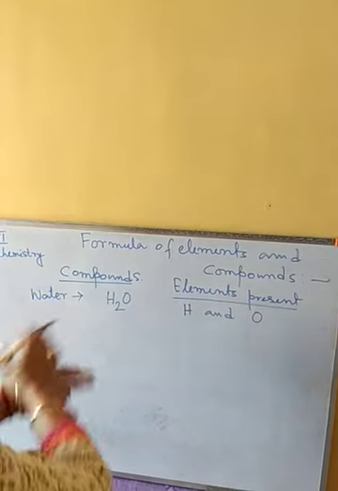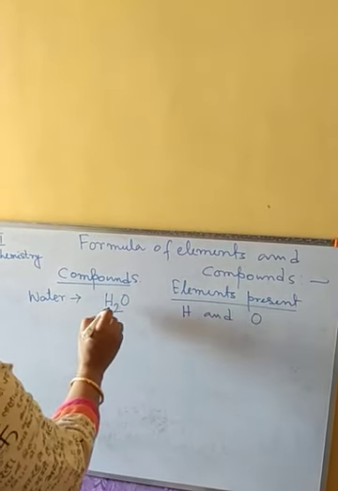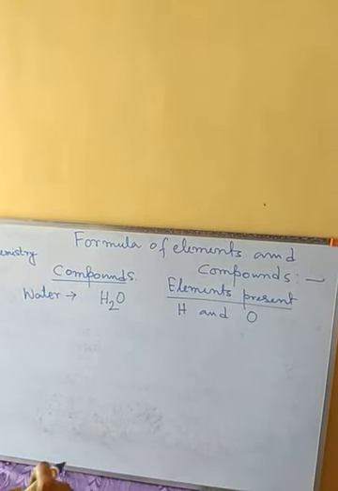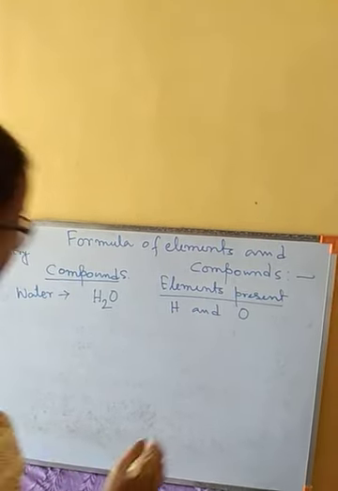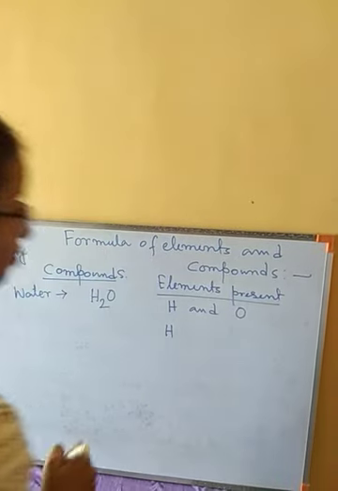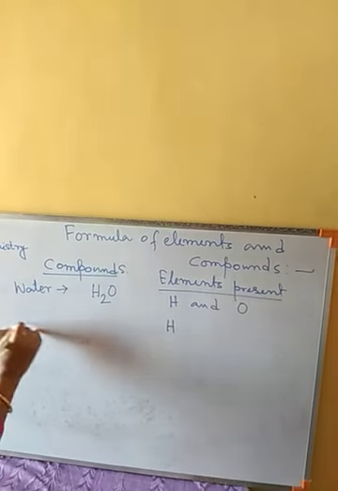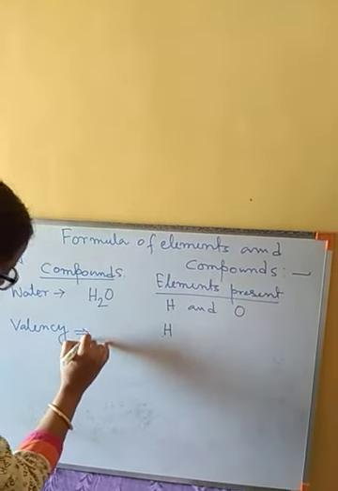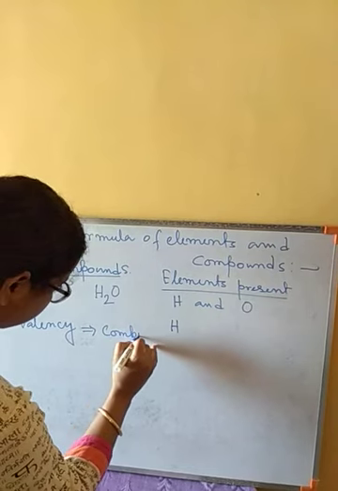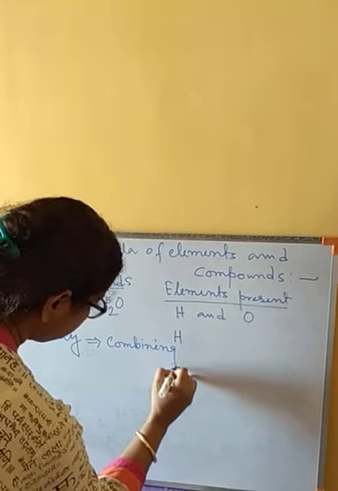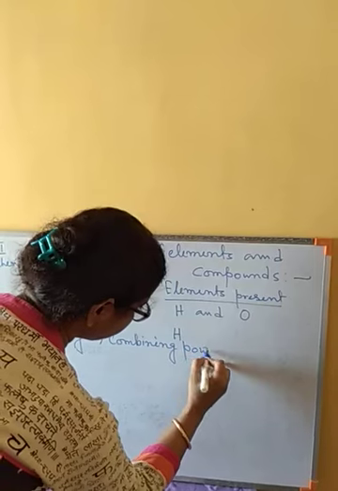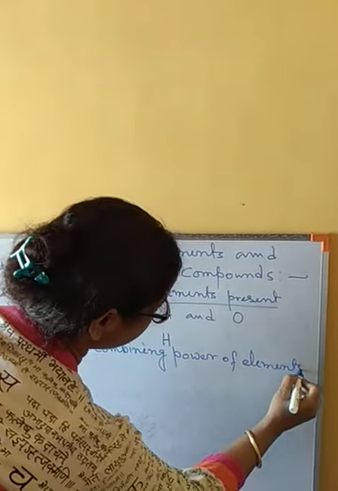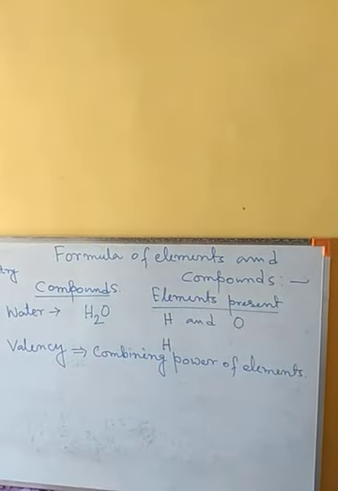Now why is this formula of water H2O? For that, we must know the combining power of hydrogen and oxygen. This combining power is called valency. Valency is the combining power of elements.